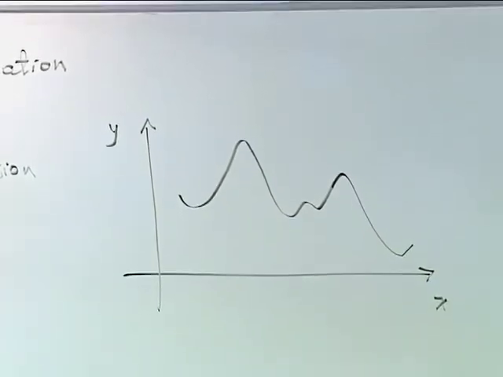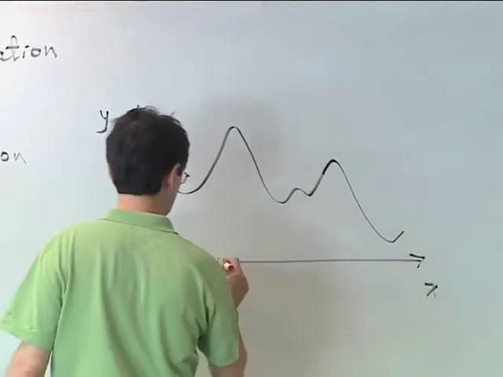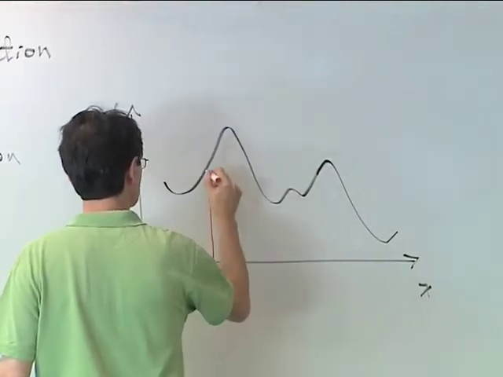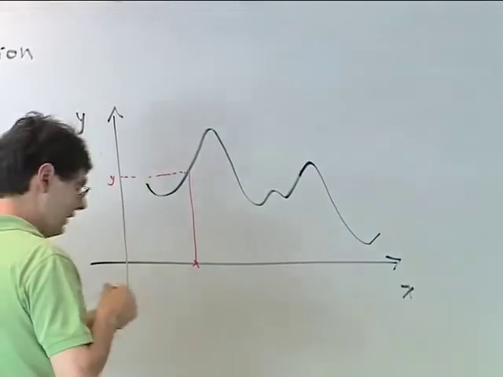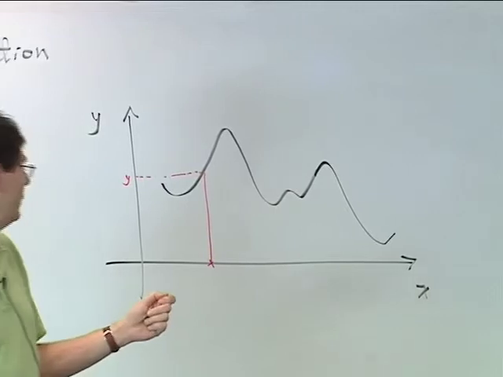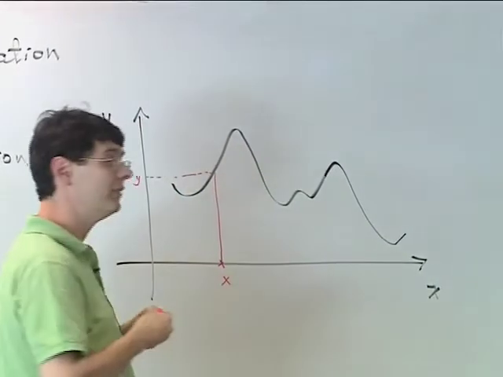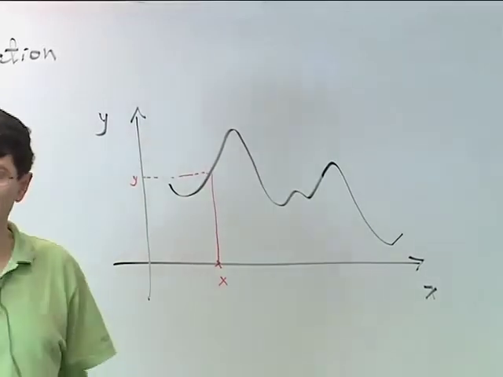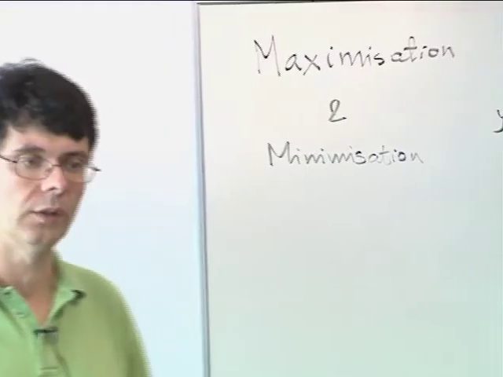So you can pick any value of x you want, and you look at the corresponding value of y. And you ask, can I do better? Can I pick a value of x that will give me an even better value of y? Honest question.